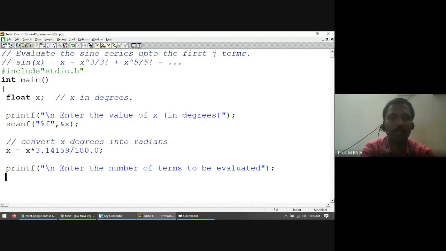Scanf percentage d, comma, and we use an integer variable, for example terms. So terms is a variable which defines the number of terms. I declare here int terms, which defines the number of terms to be evaluated.